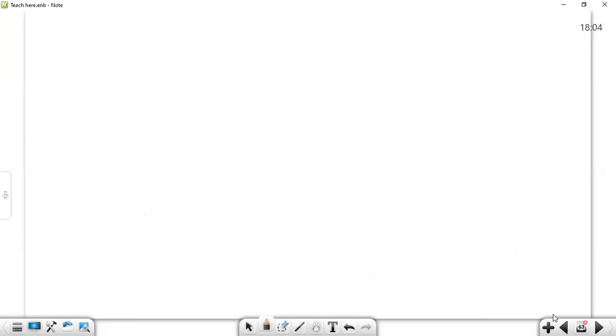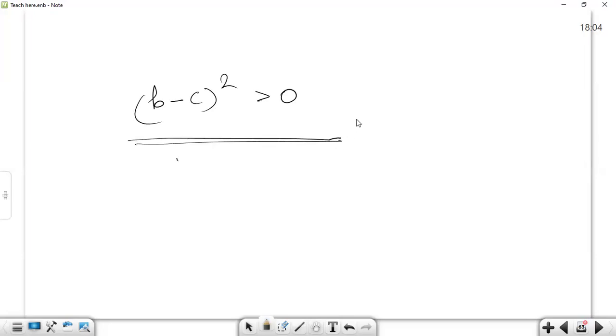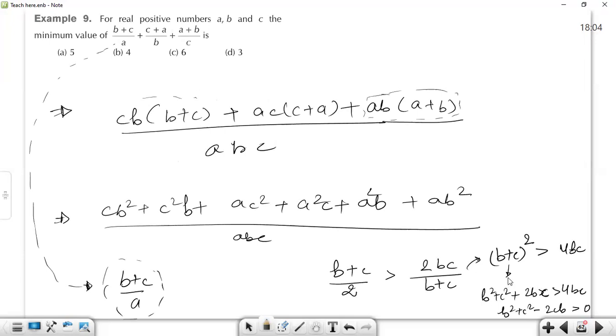Now we can write b minus c whole square is greater than 0. On taking square root on both sides, it is an evident inequality that anything square is always going to be more than zero. That's positive, so that's of no use.